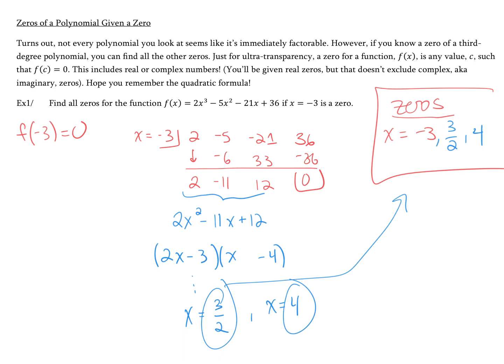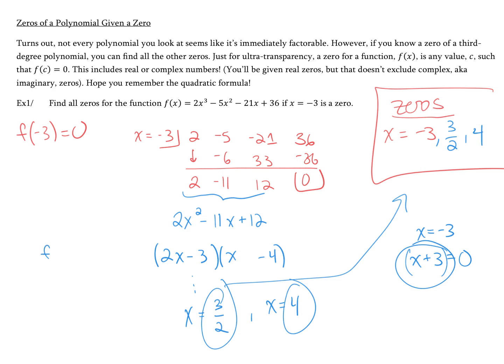Now, the factors here, this factor gives you 3/2, this factor gives you 4. What factor gives you negative 3? That is clearly an answer. That also was given to you. Well, if you take the x equal to negative 3 and you solve it for 0, meaning you need to get a 0 on one side, then you can see the other factor is x plus 3.